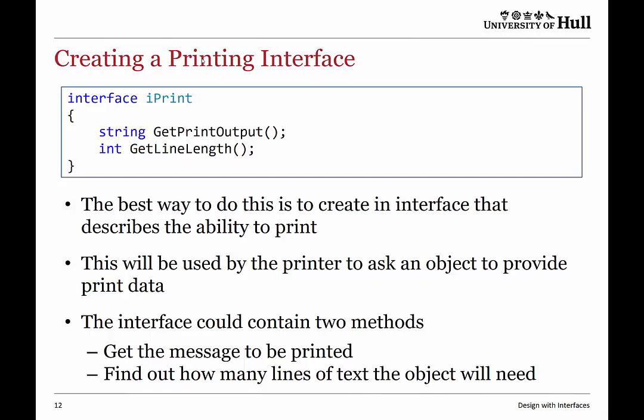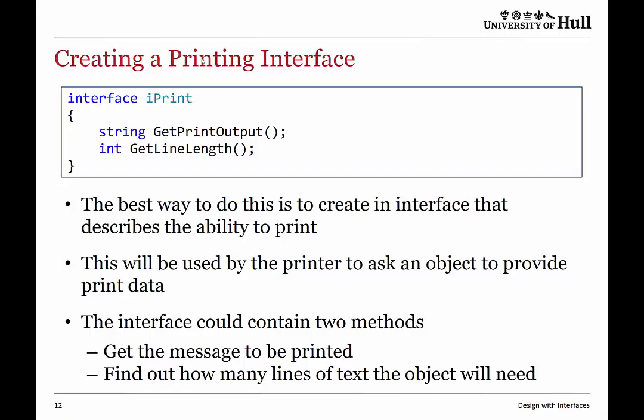But IPrint, okay? IPrint contains two method definitions, which are the two methods that my printer needs to know. It needs to know what you want to print, and it would like to know beforehand how many lines it's going to use, because the printer tries to optimize its use of paper and generally fiddle around. And so there are two things my printer needs to know to print stuff. It says, can I have the string you want to print, please?